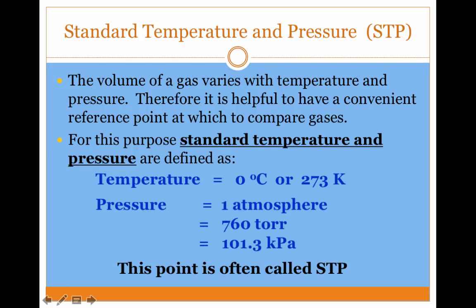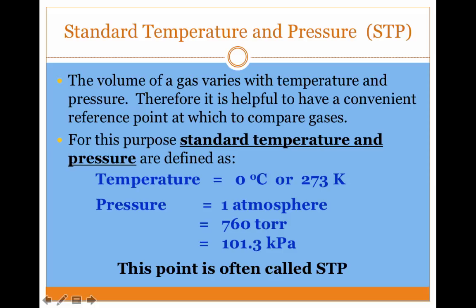Standard temperature is 273 Kelvin. When I think of standard temperature, I'm going to think of 273 Kelvin. For pressure, we have 1 atmosphere, and we're also going to have 760 torr and 101.3 kilopascals.